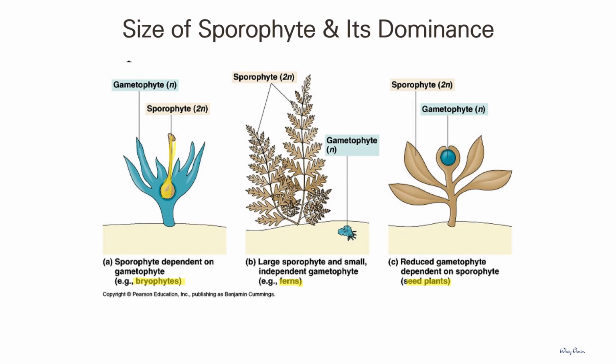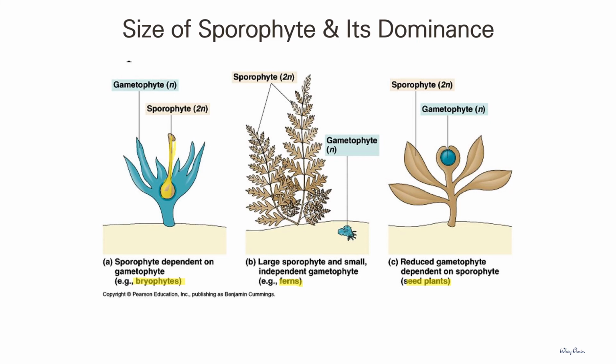In phylums or Pteridophytes, the size of sporophytes increases, and they are independent because they are photosynthetic. And the gametophyte is smaller in size, but they are independent gametophytes because they are able to produce their own food through photosynthesis.